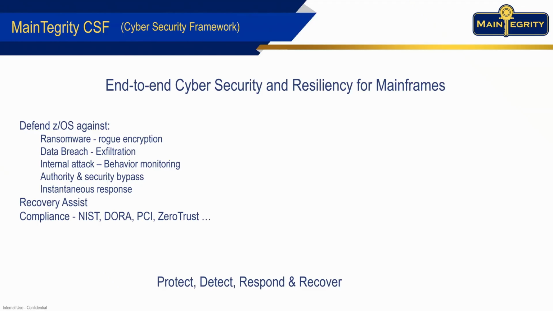We'll talk about that in a minute when we get more involved with that. But we are also all about instantaneous response. And the first step in instantaneous response is always damage control. So we'll cover all that in a few minutes.